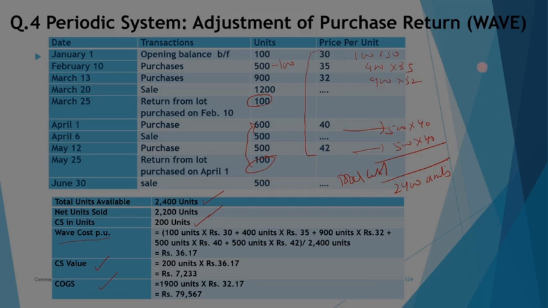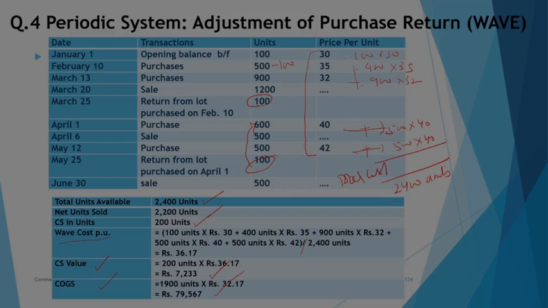So you are taking 100 into 30 plus 400 into 35 plus this plus this plus this. So this is your total cost divided by total quantity available, which was 2400 units. That gives you closing stock of 7233 rupees and this cost of goods sold.